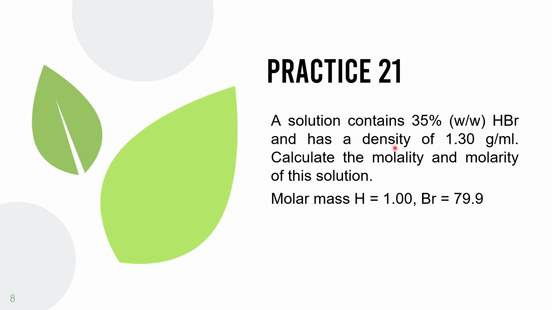And this density is also the density of the HBr solution. It means this is the density of the solution and this is the percentage mass over mass of the solution. So from these two pieces of information, you are needed to find the molality and also molarity of the solution.